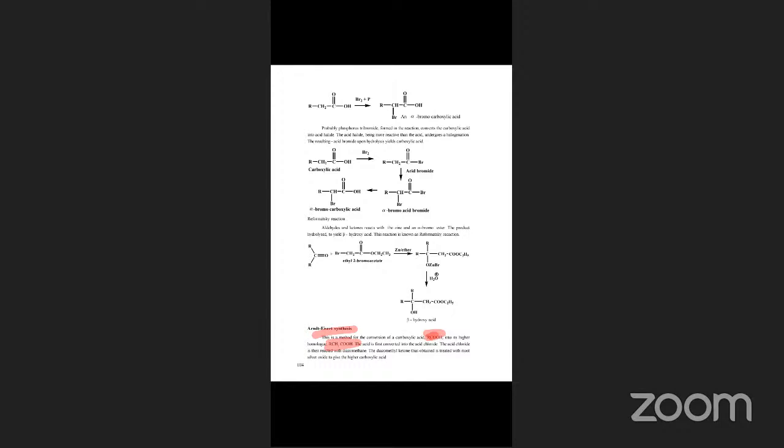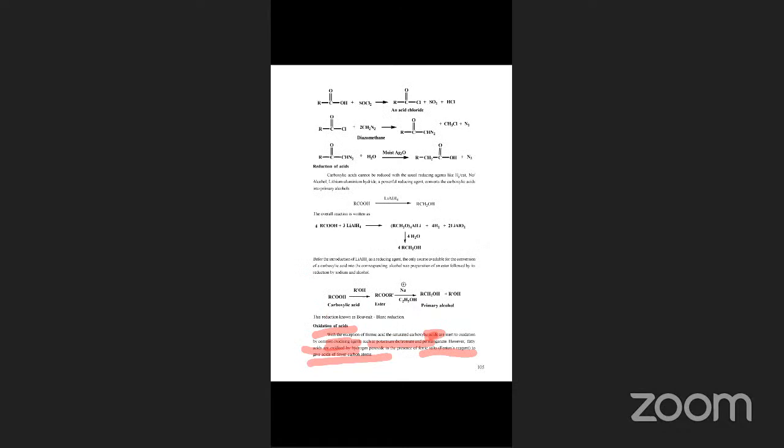So first the acid is converted into acid chloride. The acid chloride is reacted with diazomethane, and the diazomethyl ketone obtained is treated with moist silver oxide to give the higher carboxylic acid. See the reaction I will show. This is important, and you have to write these 3 compulsory.